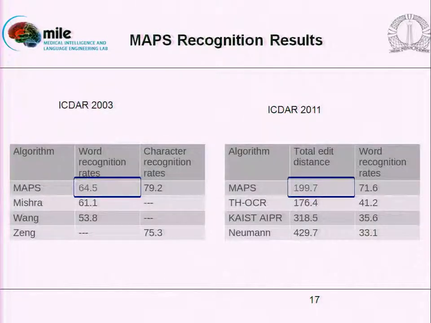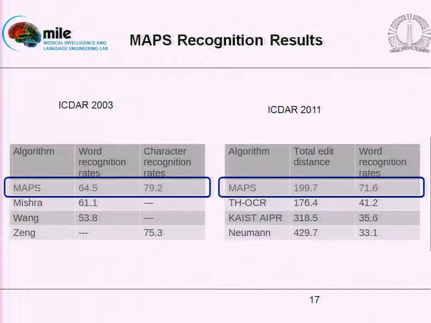This is the same result without using lexicon. Using a simple approach of segmenting the middle line and propagating the labels, we got 64% and 71.6%. So here we have reduced the computation for segmenting and binarization.